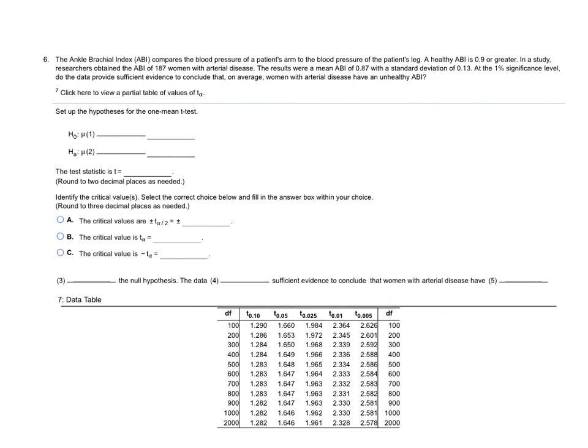Let me see. It's always equal in the null. Equal to, I think it is the sample size and the ABI. I don't know what is ABI. Yeah, here is the ABI. It's 0.9.